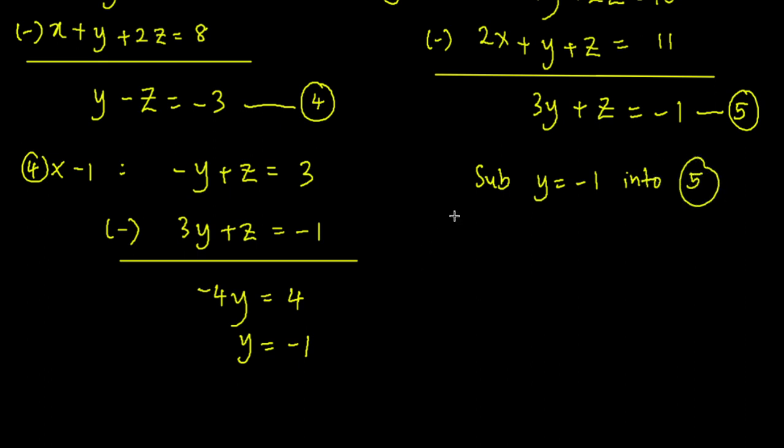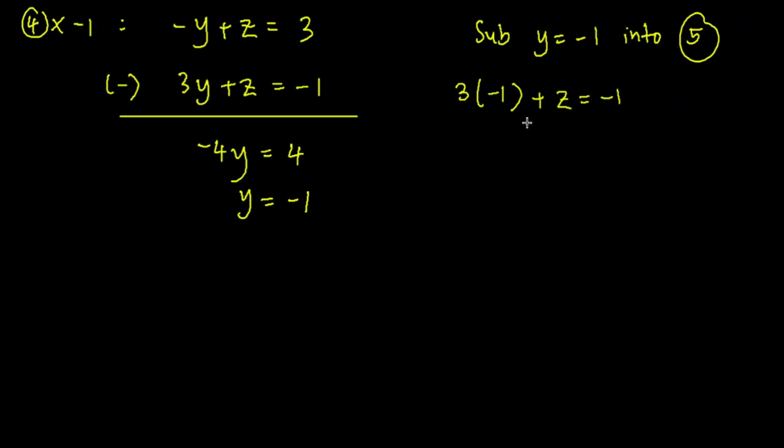I will get 3 times negative 1 plus z equals negative 1. So negative 3 plus z equals negative 1. So your z will be, this negative 3 will bring over, negative 1 plus 3, that will give you 2.